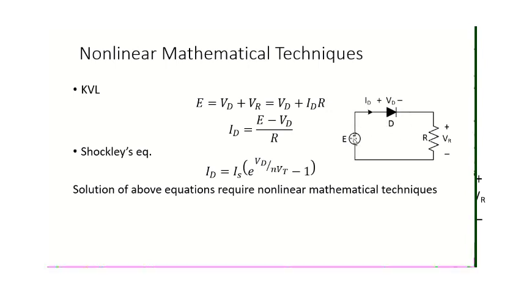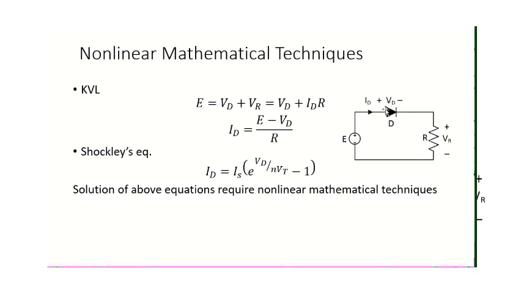So from the KVL, we can say that there is a rise in potential here, which is called E, and there are two drops. One drop is across the diode, whereas the second drop is across the resistor.